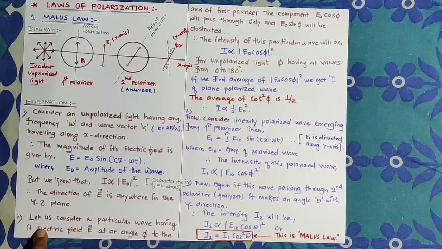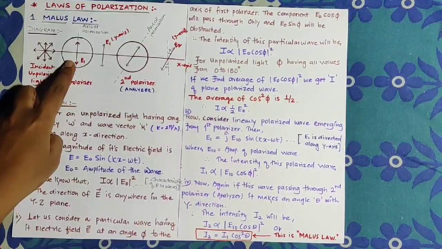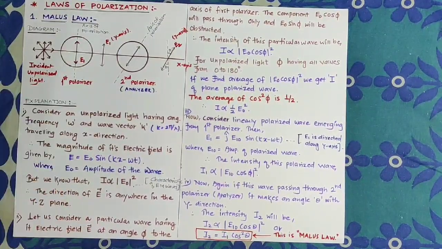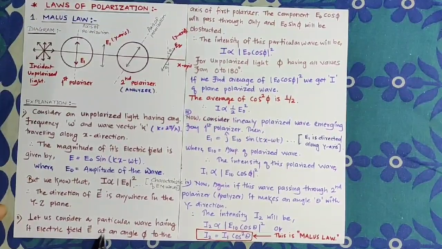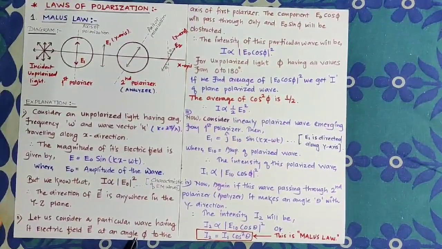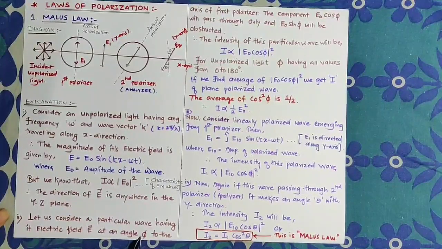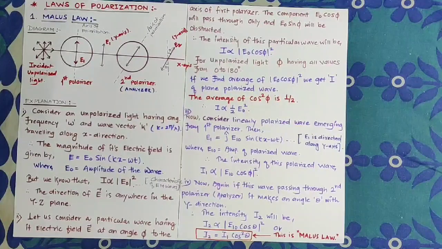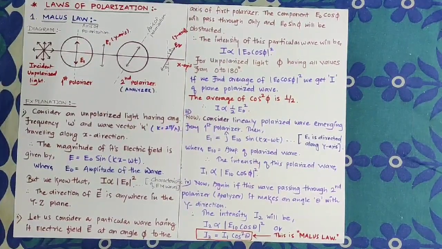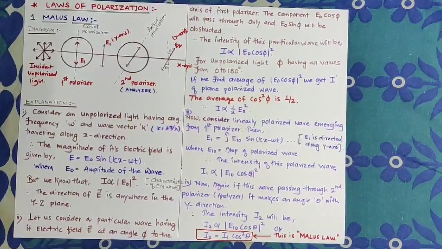Now this second point we consider in terms of a particular wave. So let us consider a particular wave having its electric field E at an angle phi. We already know that phi is the phase angle, phi to the axis of the first polarizer. The component E0 cos phi will pass through only, and E0 sin phi will be obstructed.